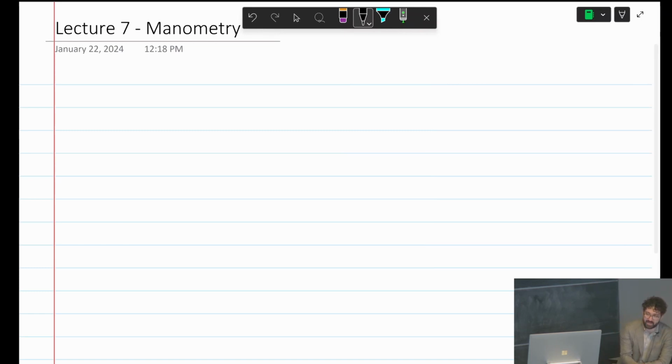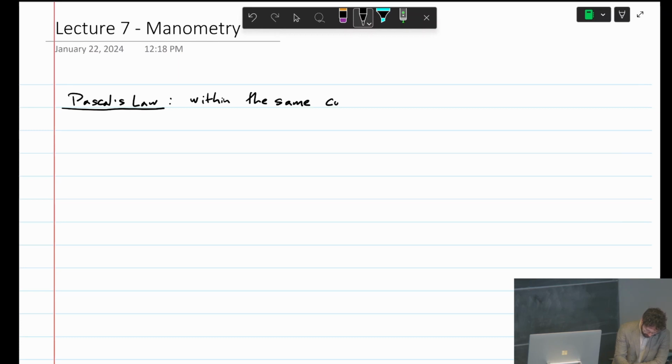I'm going to start off by defining Pascal's law because we're going to use it quite heavily in this section. So Pascal's law says that within the same connected fluid, two points at equal height will have equal pressure.